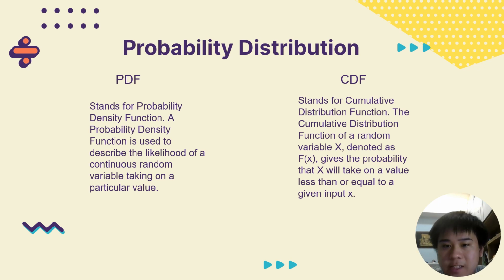CDF stands for cumulative distribution function. You can tell from the word cumulative. For a random variable X, F of x gives the probability that X will take on a value less than or equal to a given input x. So in a question, when you see something like at most or at least, that's the kind of CDF you're looking for.